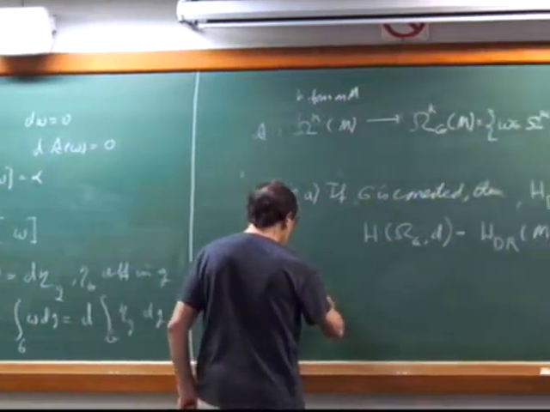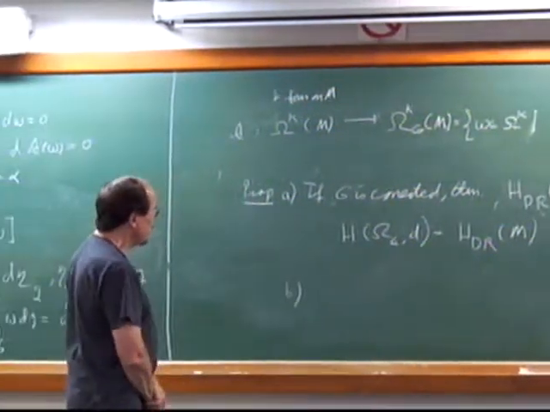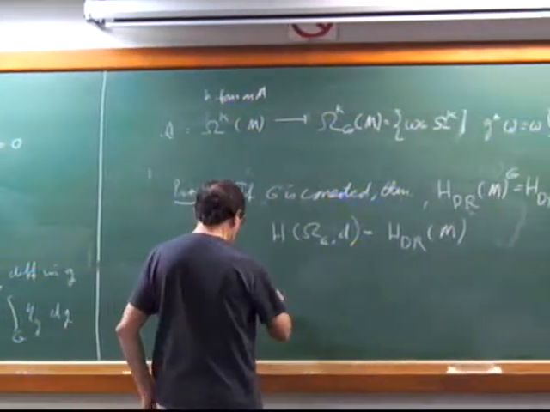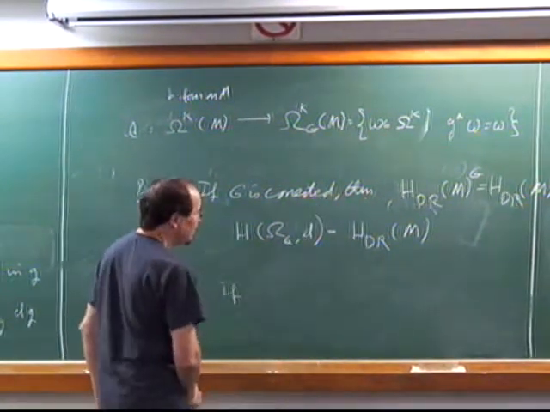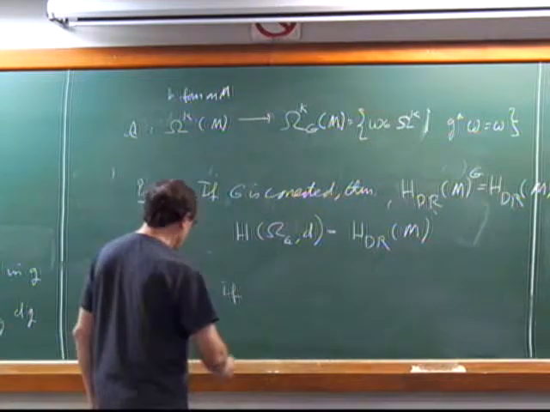Maybe part B, not going to prove that in general, but maybe only in a special case. So A is clear now. We just said why, right? G acts trivially on homology.